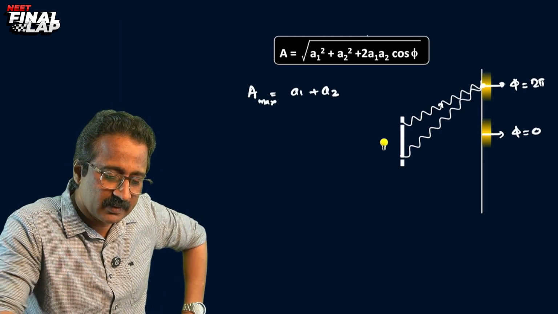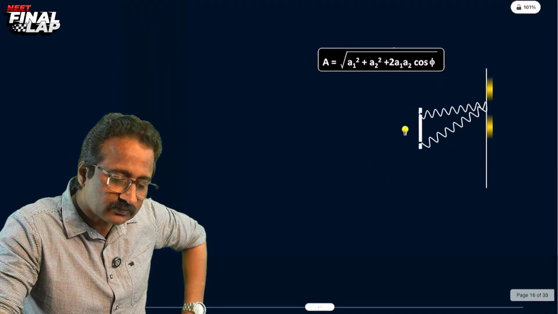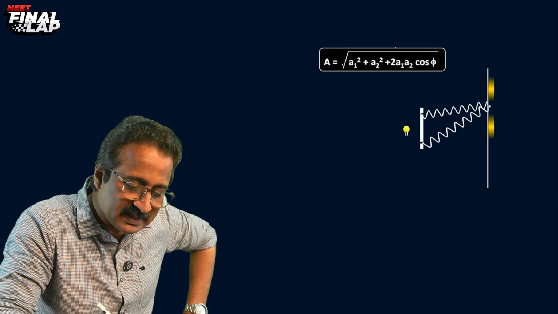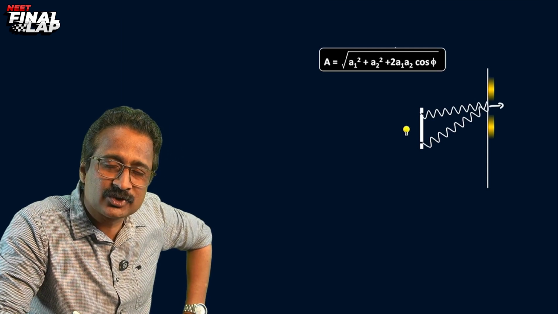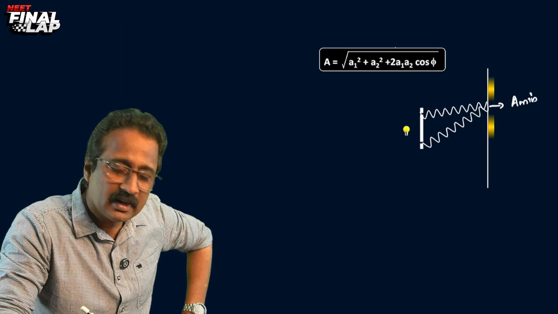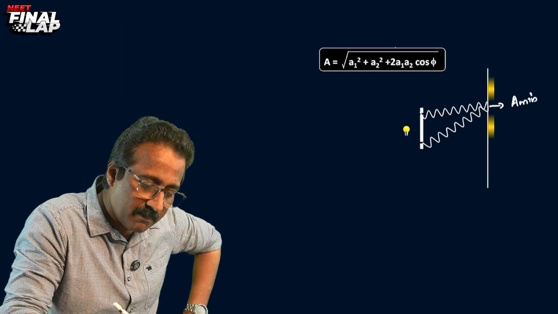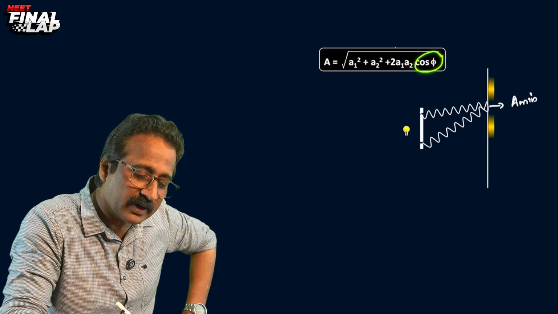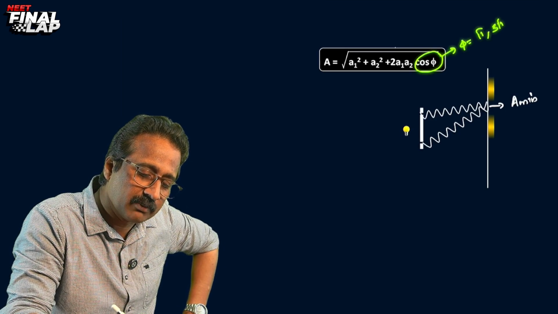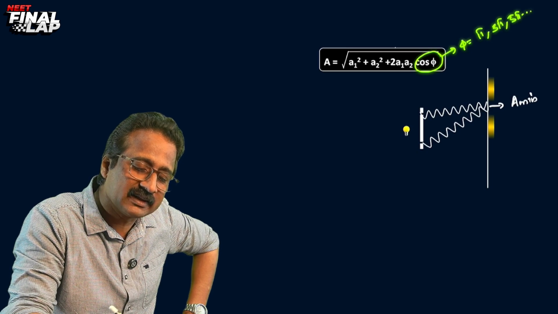Similarly, when you look at the screen, you will see that there are regions of dark bands also. Let us call the amplitude at the center of a dark band A minimum, and that A minimum is obtained by putting the value of phi as either pi or 3 pi or 5 pi or anything like that.